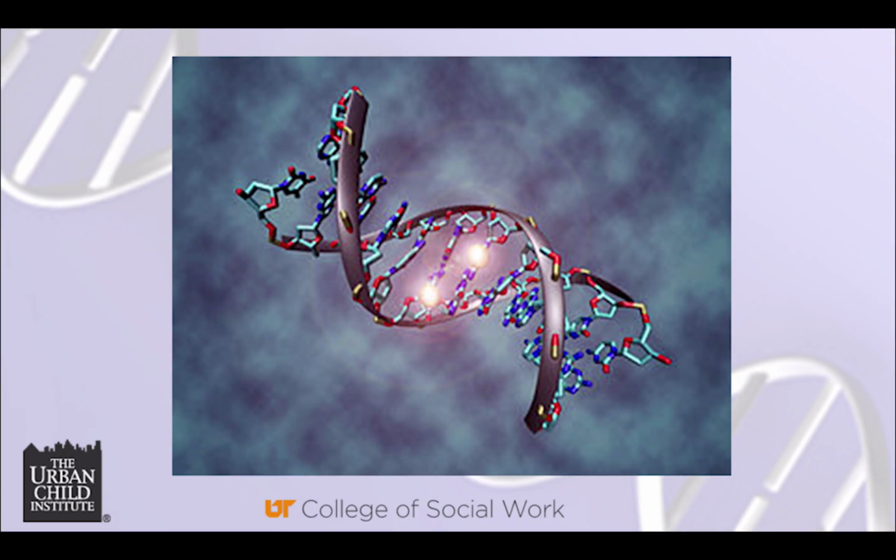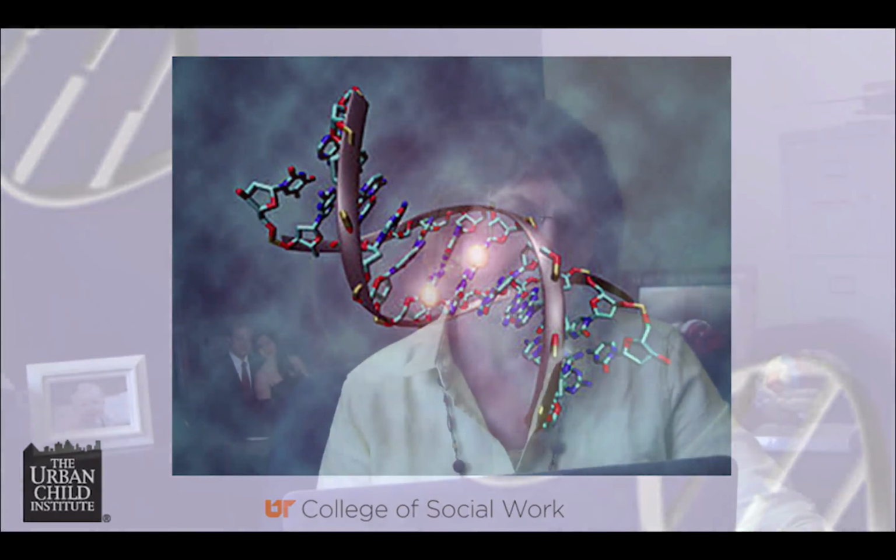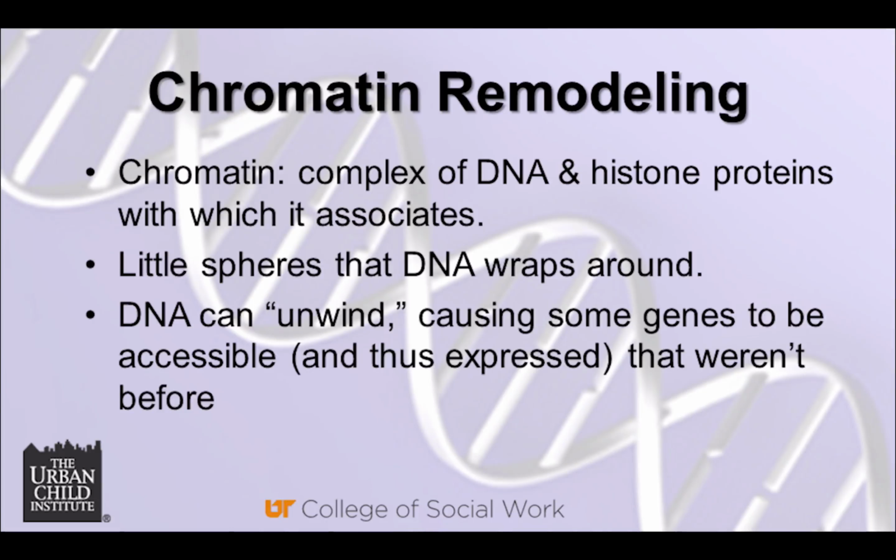You see a picture here, and the little red dots represent methyl groups that have been added to cytosines on this strand of DNA. Now, the other biochemical way that we understand very well is chromatin remodeling. Chromatin is just that complex of DNA and histone proteins that the DNA wraps around.